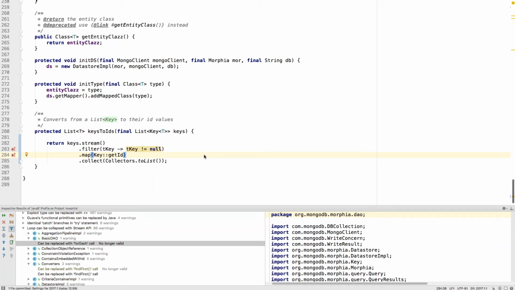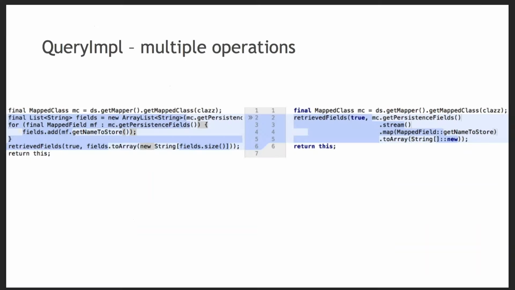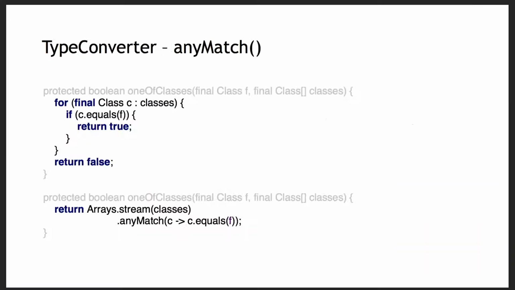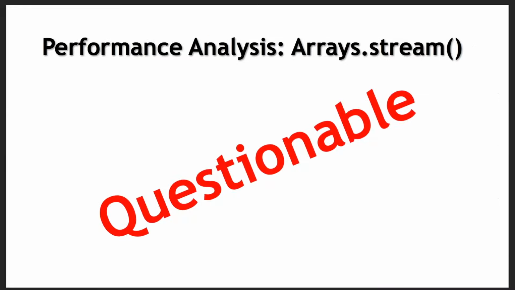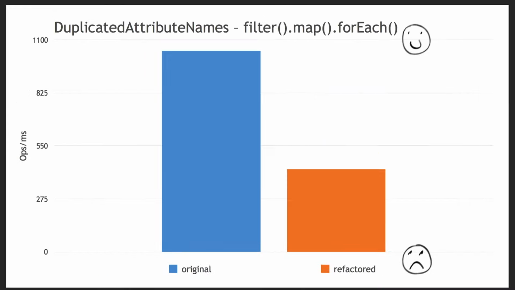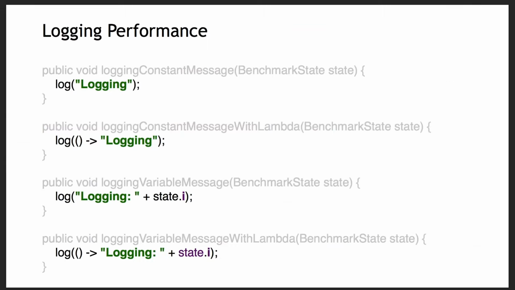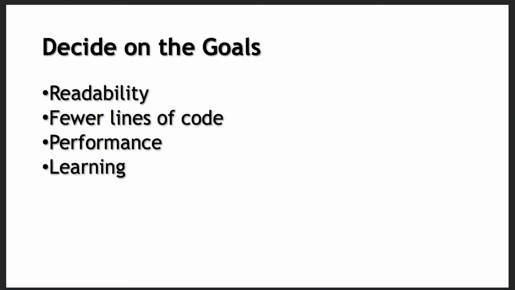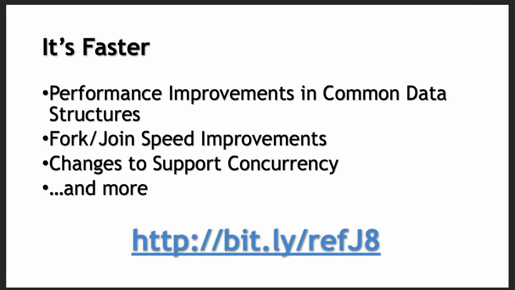That's what I assume. Now the benefits that I showed, let's go back to the beginning, all the way back. Yes, here we go. This is like the third slide. So a lot of these changes, so performance improvements in common data structures, changes to support concurrency, a bunch of these things.